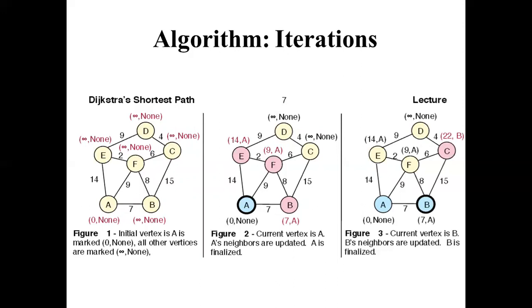For example, since we are starting with node A, the distance is 0 and no other node has helped us to reach A, so the second value is none.